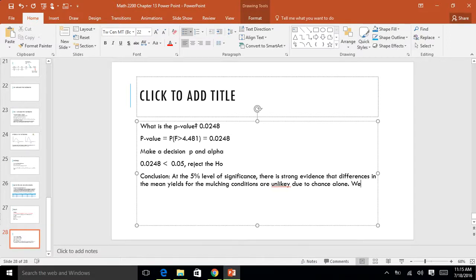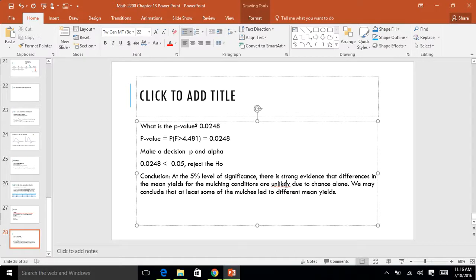Okay, we may conclude that at least some of the mulches lead to different mean yields. Okay, what do we do there? We just said that, oops, I spelled that wrong. Sorry about that, guys.